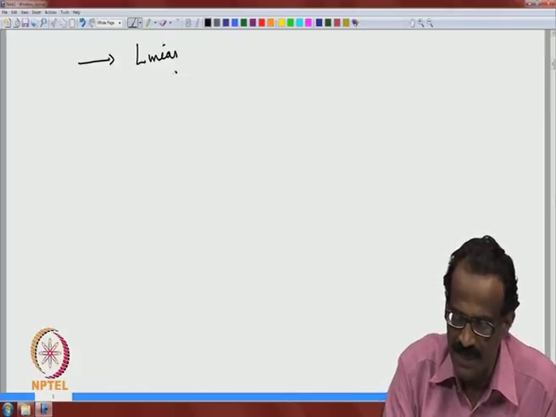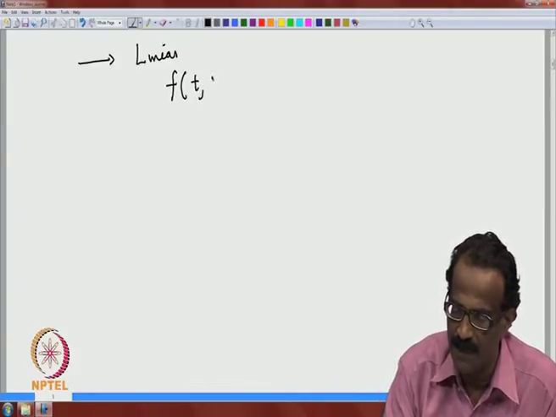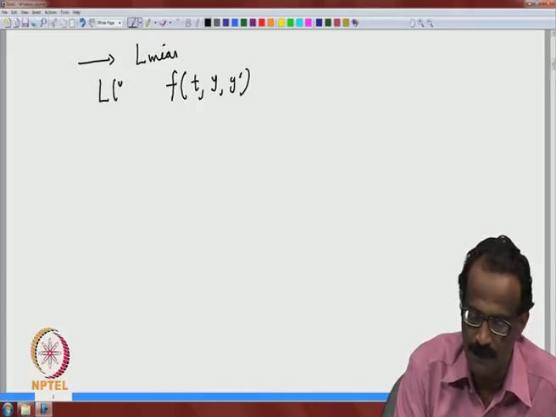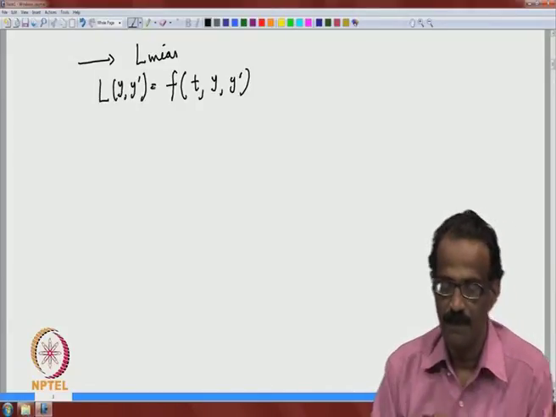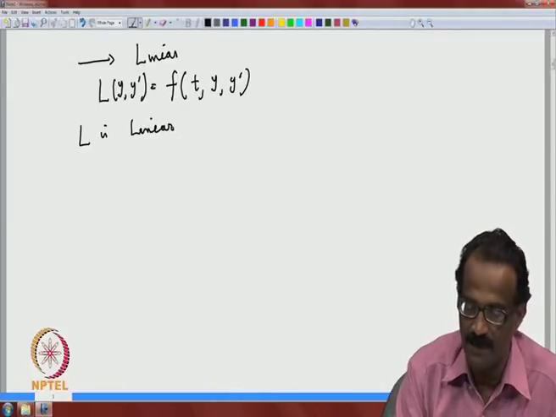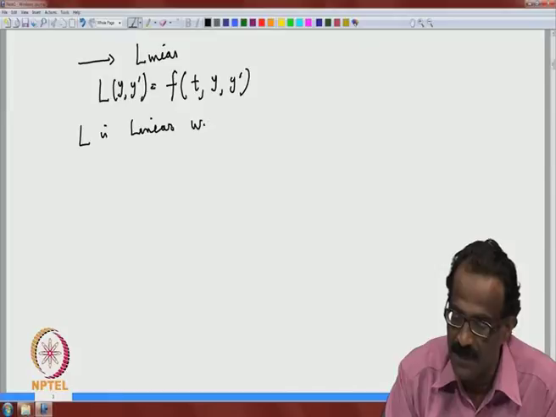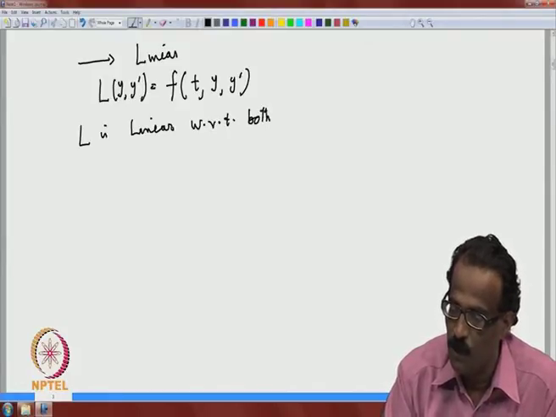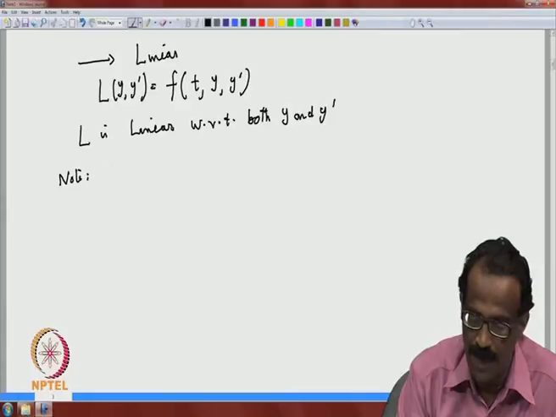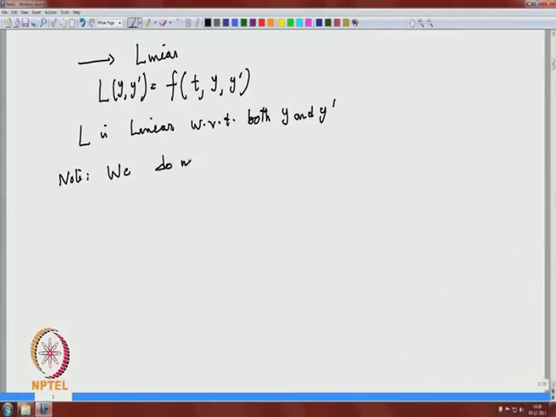You can think that when you are given this functional relation between the variables y and y prime, viewing t as a parameter, y prime is equal to L of y and y prime, you are demanding L is linear with respect to both y and y prime. Note, we do not demand linearity in t.